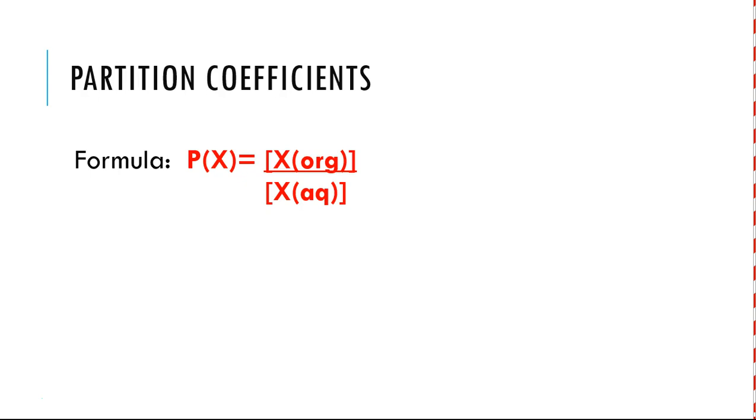So it's just a ratio of those two concentrations. So if a particular solute is much more soluble in the organic layer, we would expect a high partition coefficient. If it's particularly soluble in the aqueous layer, we'd expect a low partition coefficient. This formula is not given in the data booklet, but it's just a ratio of the two, so it would probably be pretty easy to figure out on the fly.